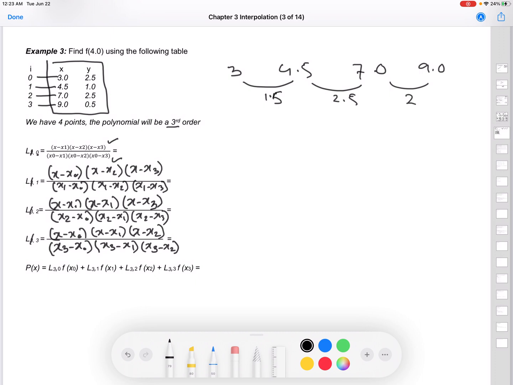So this is not an equal distance data set, but x will be anything from 3 to 9. That will give you an approximation of what is happening between these points. x can be anything from 3 to 9, and for that this polynomial will give you the value of the function at that x.